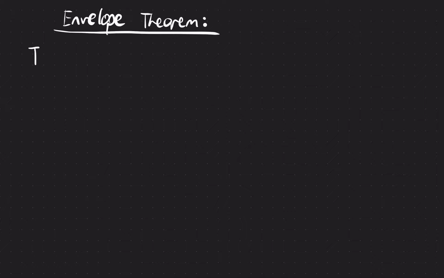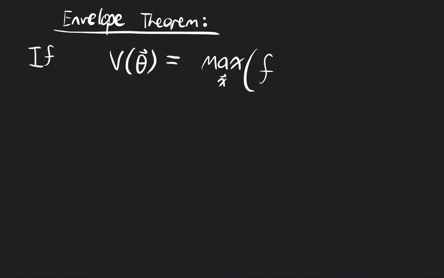So the last thing I want to cover in this kind of math breakdown video is the envelope theorem. So we'll define v as a function of theta as the solution to a maximization, again, or a minimization, but I'll write it as a maximization problem, of the max of f of the vector x. And I'll include the parameters.